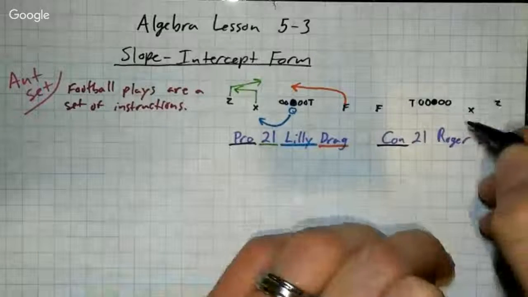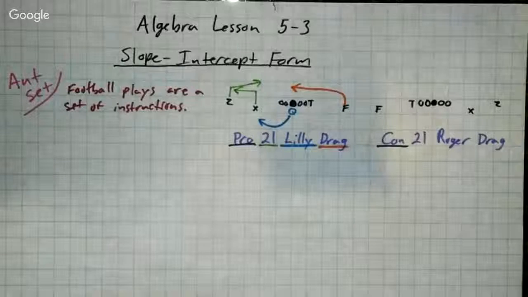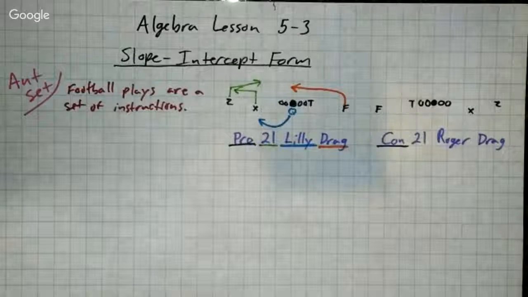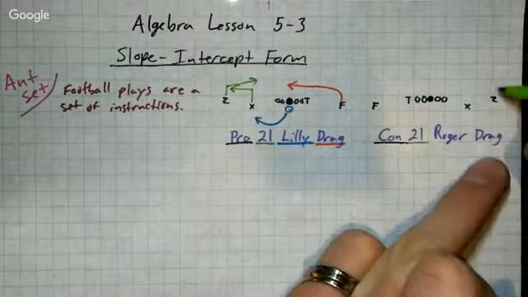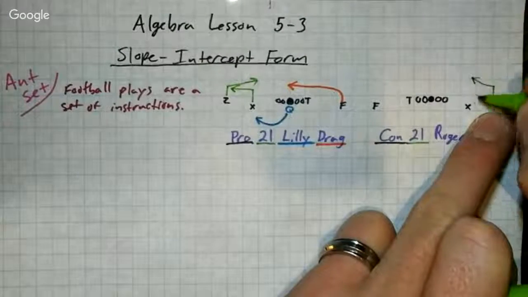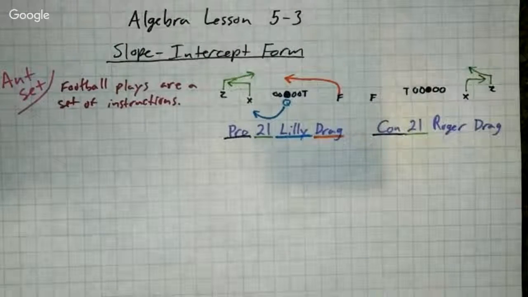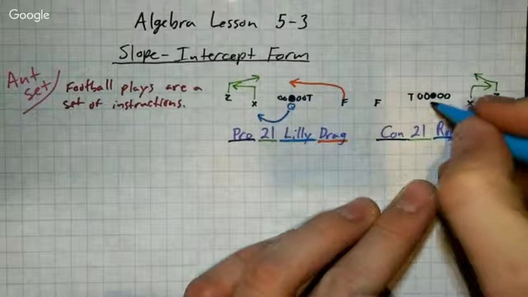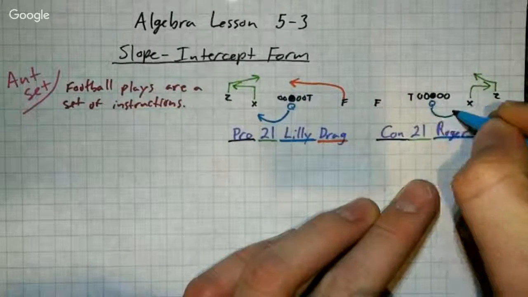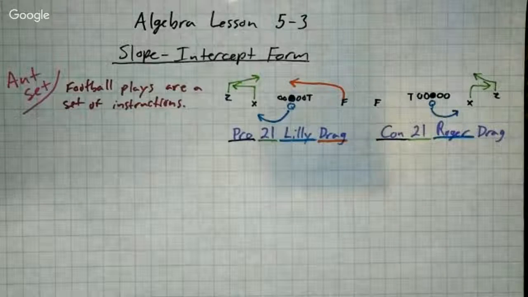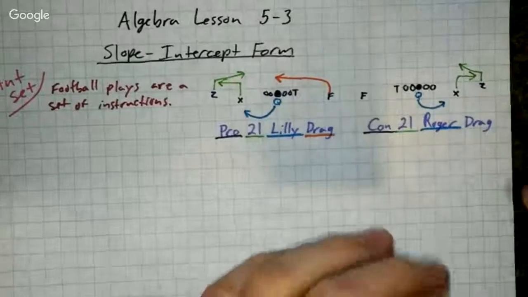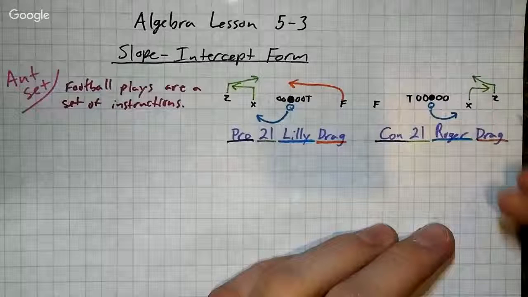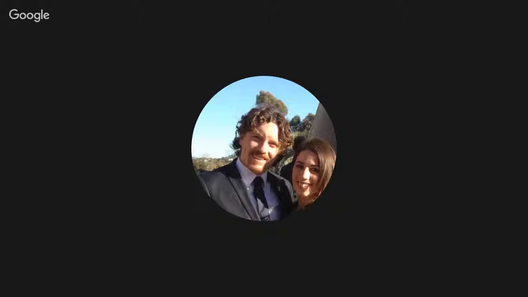Another receiver would be over here. 21 meant that these receivers knew what to do again. Roger is a little different, but it meant something similar. The quarterback would go this way. And finally, drag would tell us that something different was going to happen.